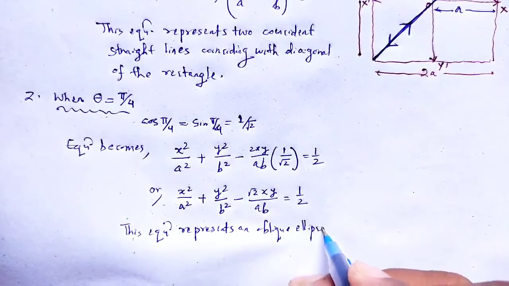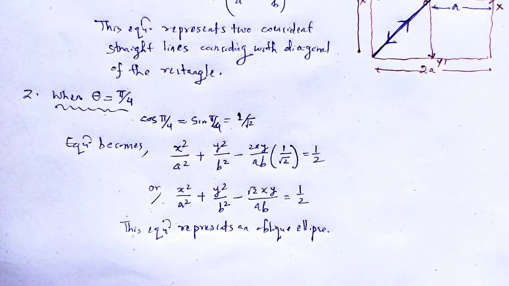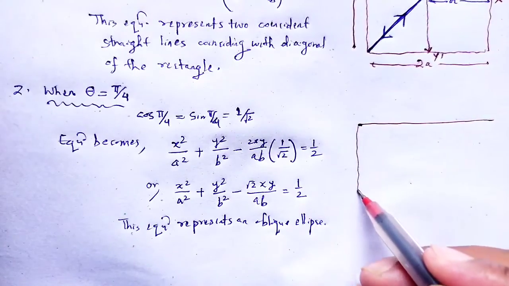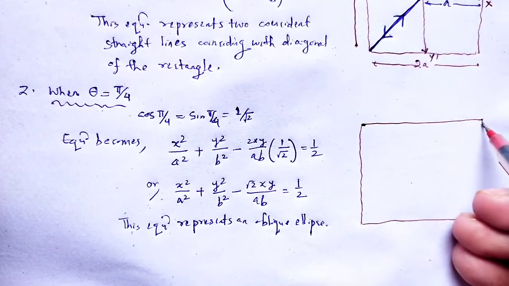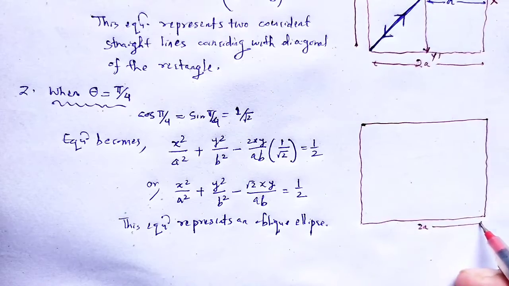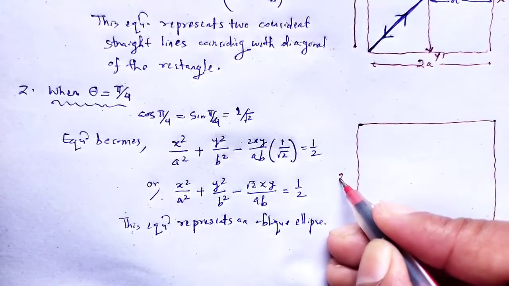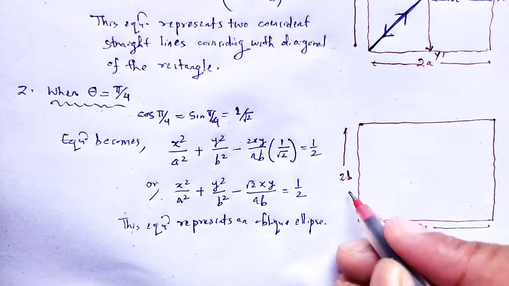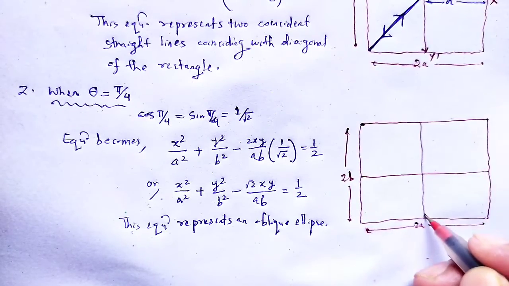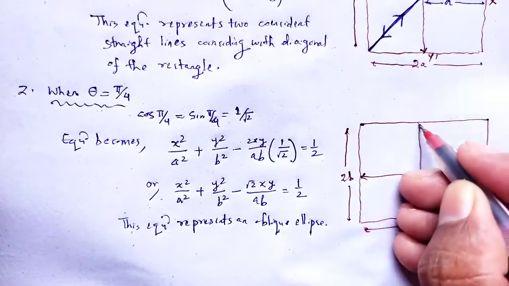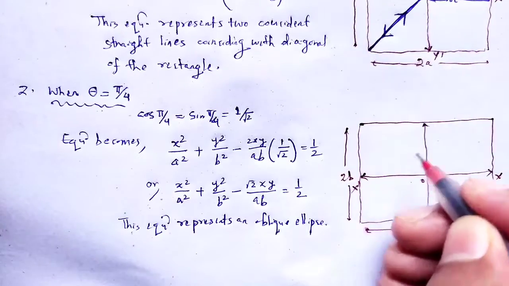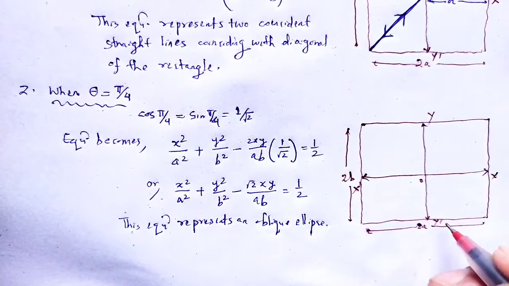How do we draw that figure? Same thing. The sides 2a, 2b, axes like x o x dash, y o y dash.